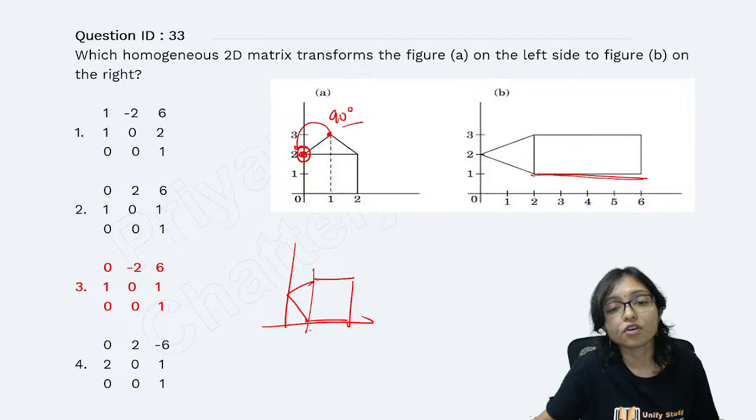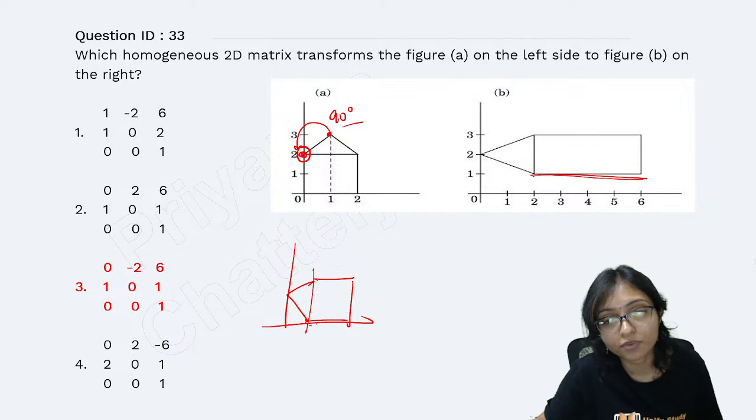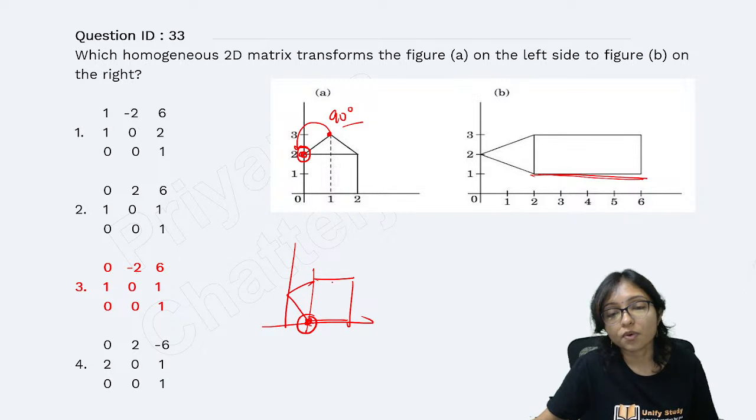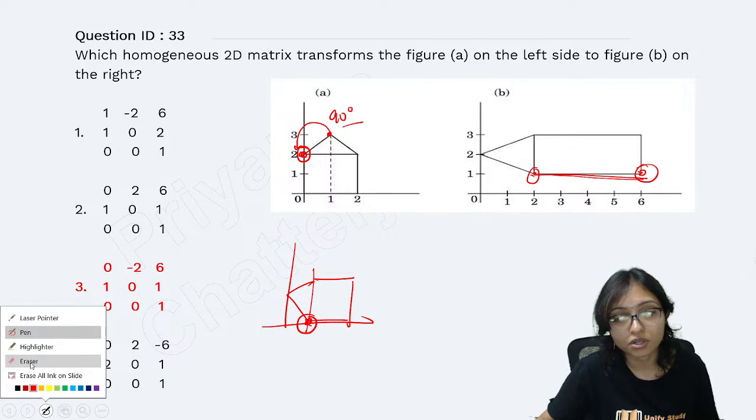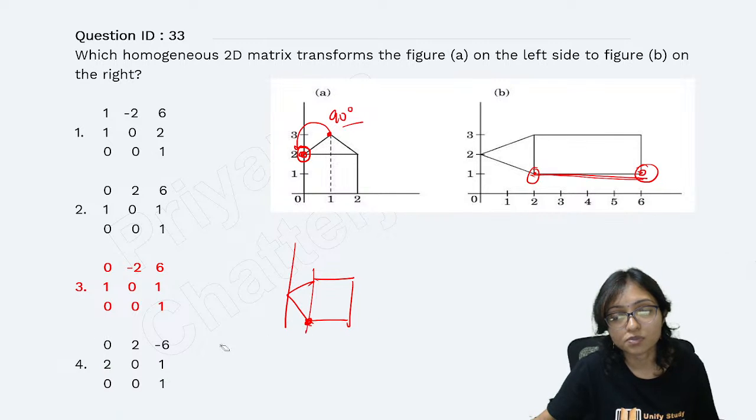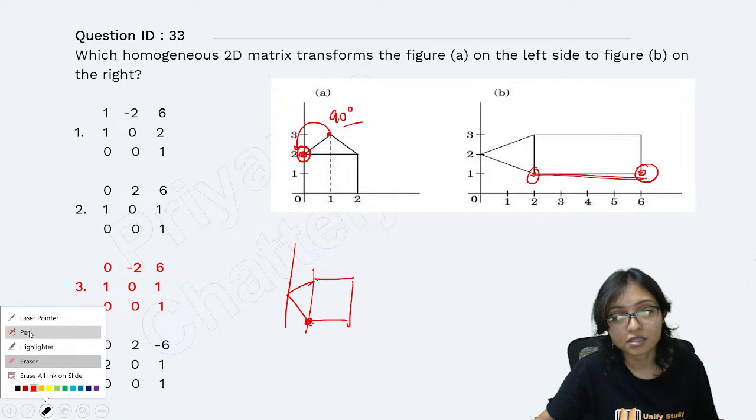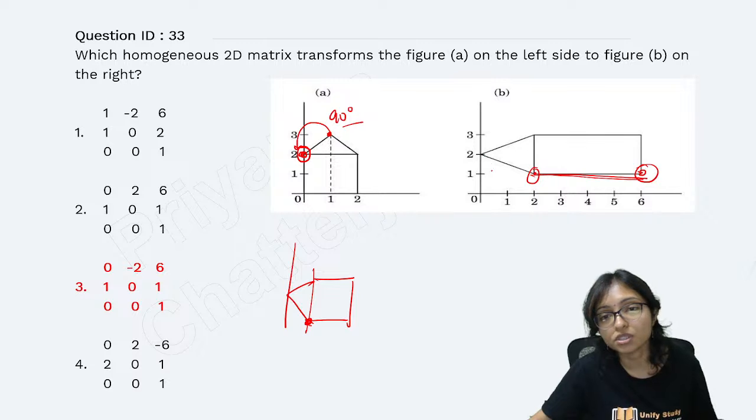We can get it from here: this point, where is it shifted to? Actually this point is as it is, but the 0 0 point, where was the 0 0, is shifted to the 6 1 point.